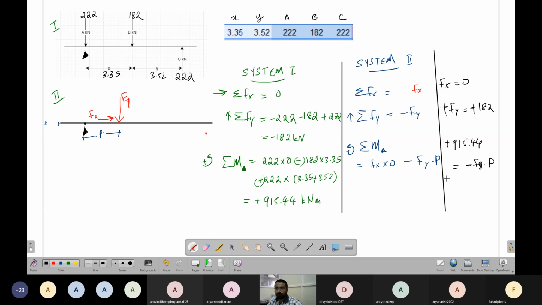So p is equal to minus 915.44 divided by Fy.